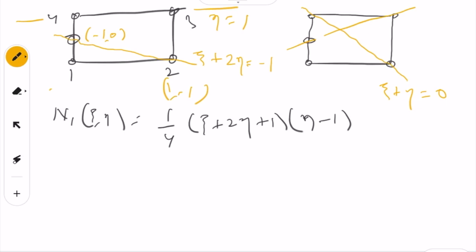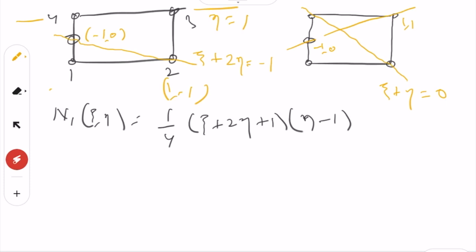Since this is minus 1, 0, this is 1, 1, the equation will be a similar kind of equation as in this case, and we can say this is xi plus 2 eta equal to minus 1.